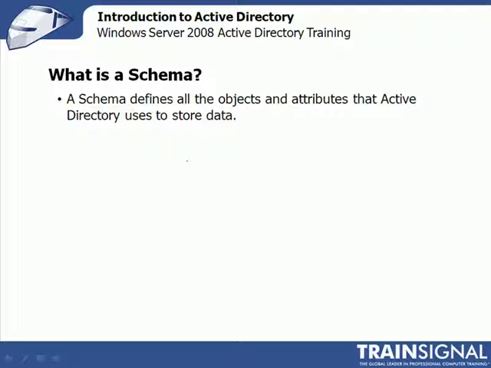Now, certain Active Directory integrated applications may modify the schema. One real obvious example would be Microsoft Exchange Server. We are at a point now where Exchange Server requires Active Directory to work, because Exchange no longer has its own directory services.